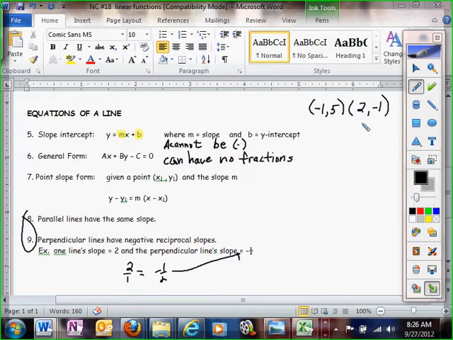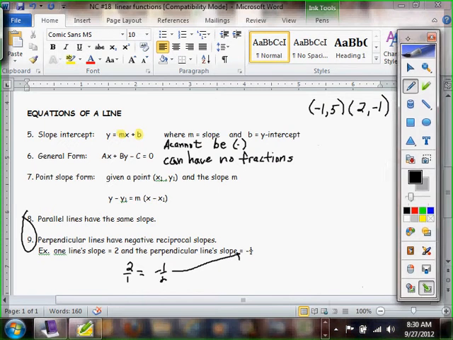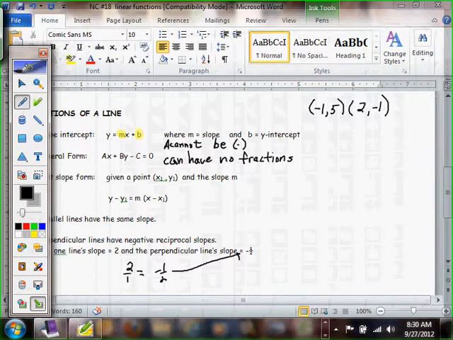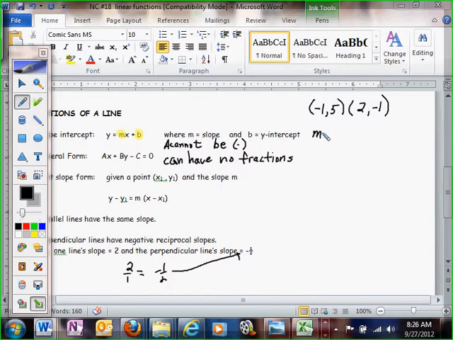But if I wanted to take these 2 points and write an equation of a line in slope-intercept form, this is how I would do it. The first thing I would have to do is find the slope. And my slope formula, m, is y2 minus y1 over x2 minus x1.